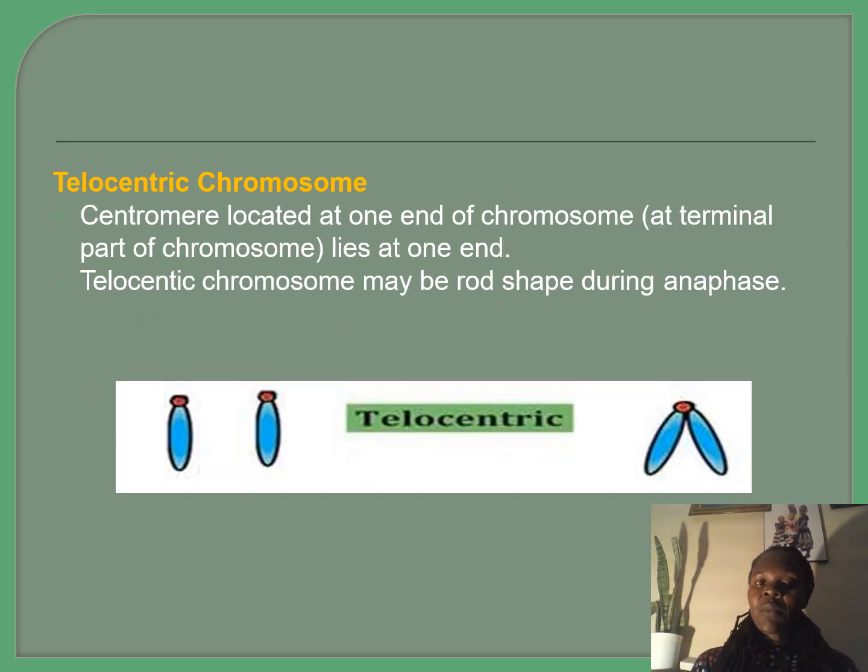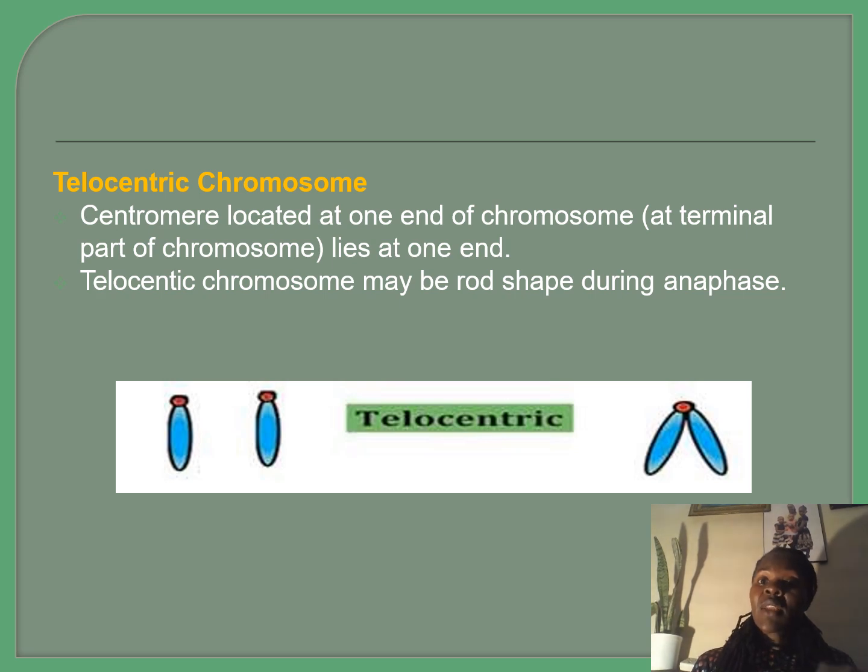Then we have the last one, called telocentric. The telomeres are the ones which give stability to the chromosomes. If you look at this centromere, you can't even see the shorter arm because the centromere is at the end, at the telomeres.